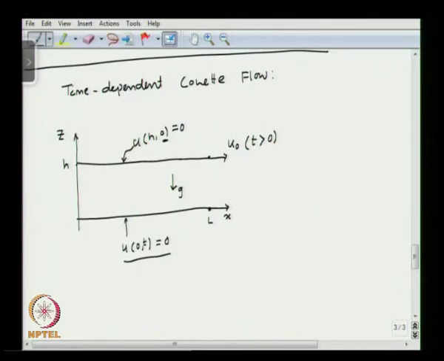So, we can write that u(h, t), the velocity of the upper plate, is equal to 0 for t less than 0, and it is going to be u0 for t greater than 0.